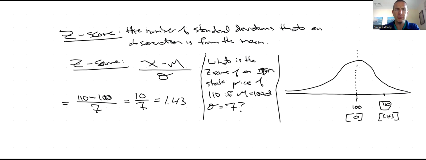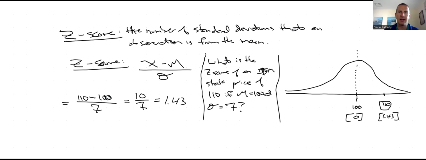And now I know that, 1.43 standard deviations. Is that a lot? Is that not? Well, it's positive, and I mean it's kind of significant, but it's not like somebody who would be 8 feet tall walking into a room of people who are 5 feet 10, right? If Shaquille O'Neal walked into a room of people who are 5 feet 10, you go, oh my goodness, look at this, right?